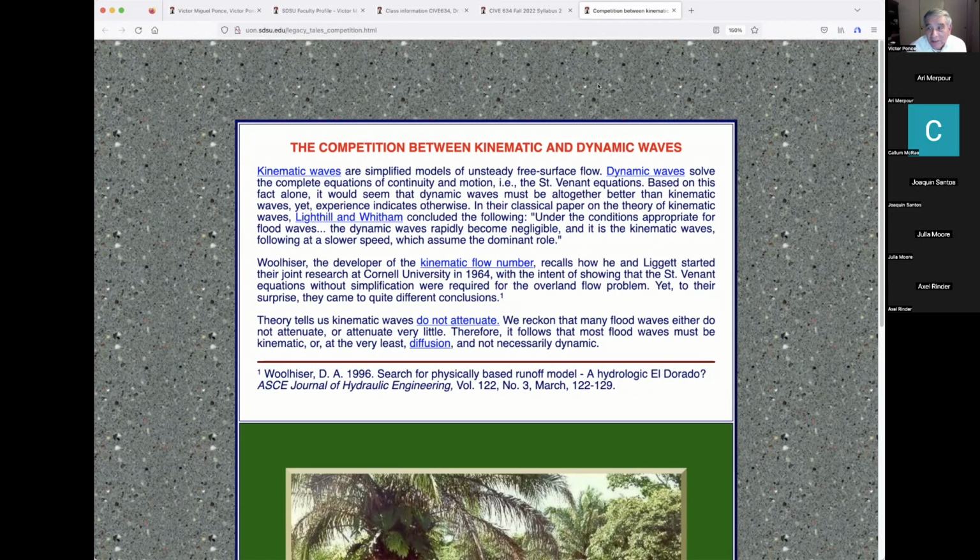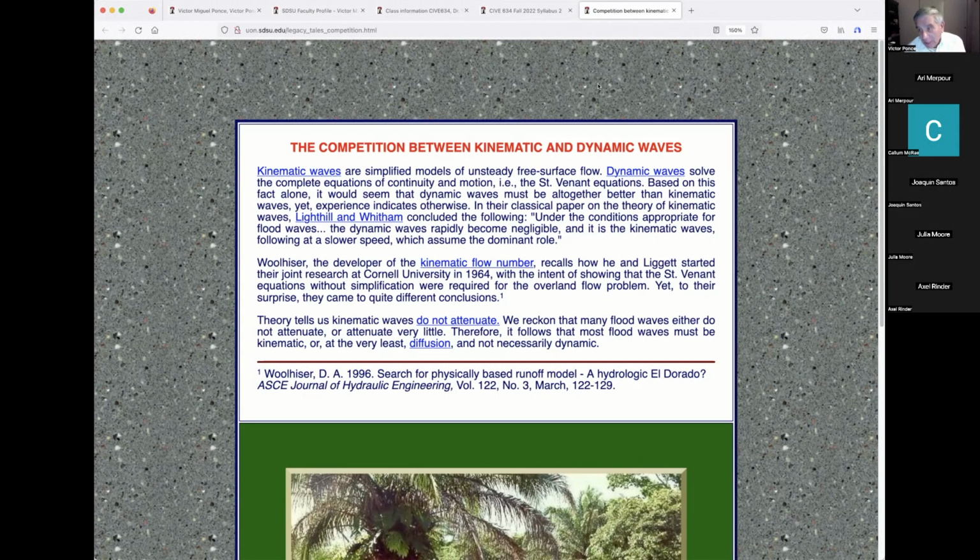Completeness doesn't mean accuracy, by the way. I always state that. Based on this fact alone, it would seem that dynamic waves must be altogether better than kinematic waves. In a simplistic way, you can say, give me the complete equations and I'll forget about the others because they're not complete. Complete is what I want, right? That's what people say.